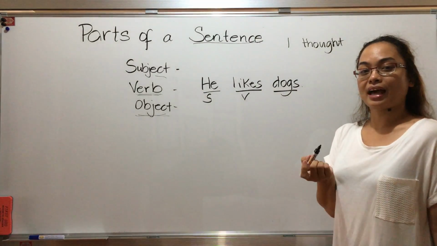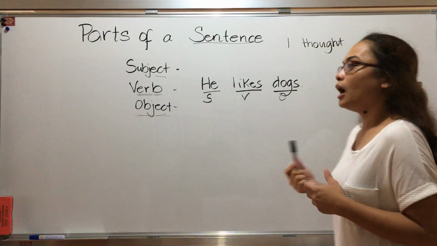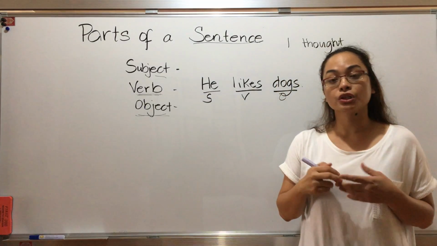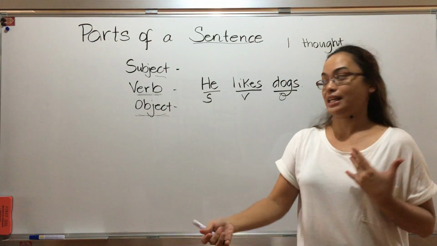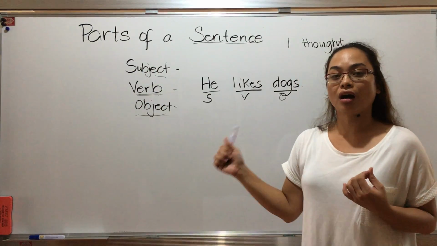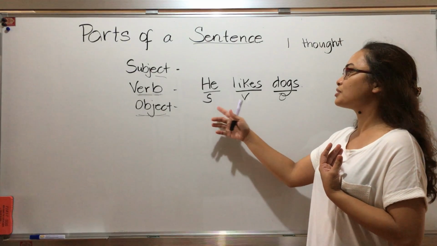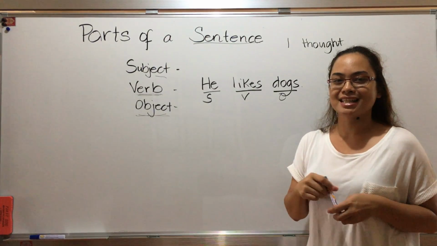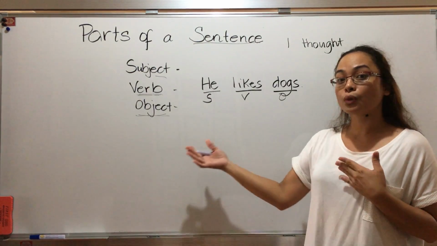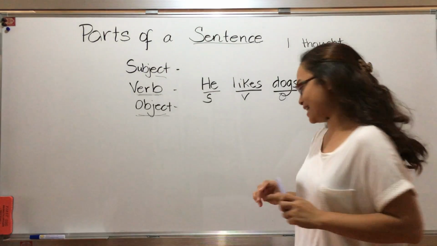And dogs will be our object. It's very easy. So, in English, the word order is usually this, SVO, subject, verb, object. English is even called sometimes the subject, verb, object language because this is the usual order in a sentence.